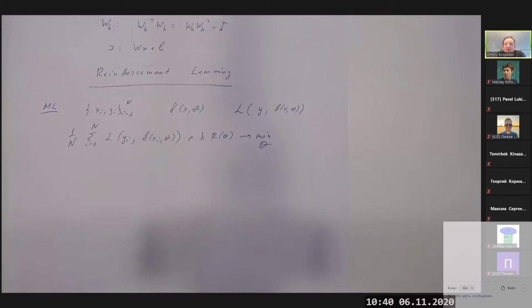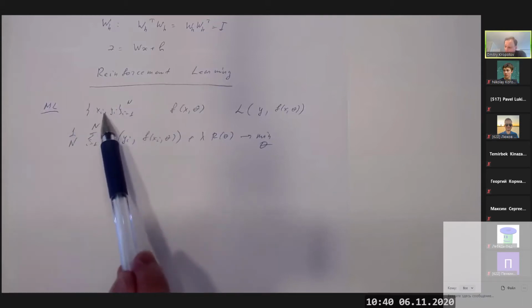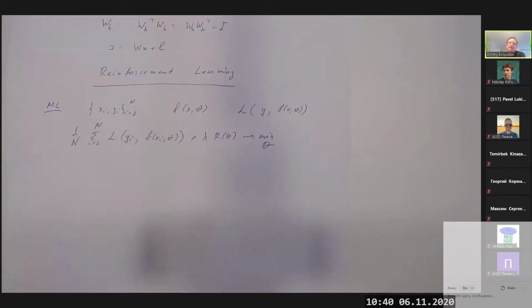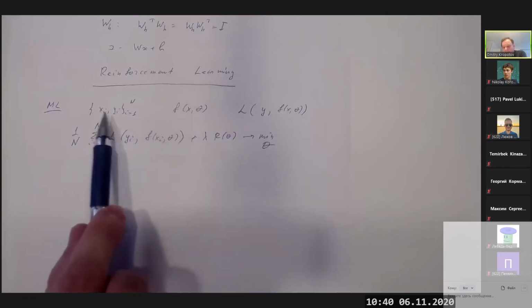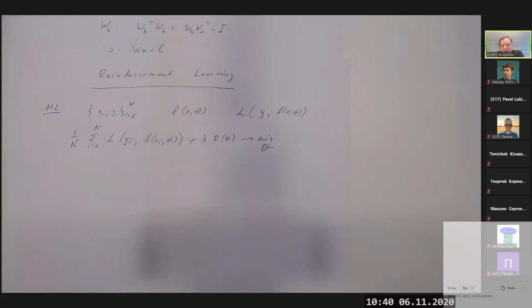Why so? Because, in principle, you may measure how a particular person played this game. So save the collection of x's and what actions he does at each time moment. But if he plays versus some other opponent, some other human, depending on this opponent, our x, our screen of the game, actually changes.